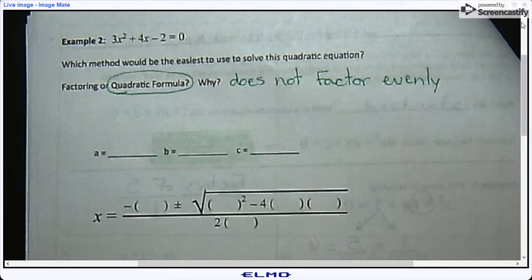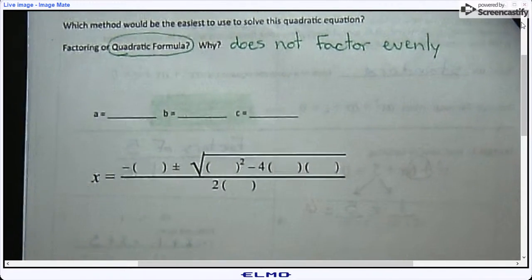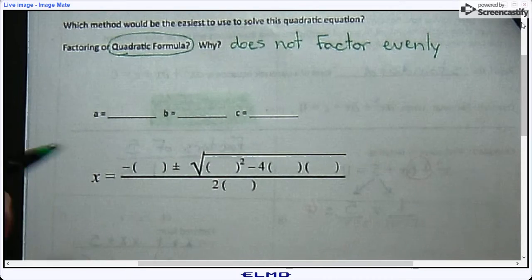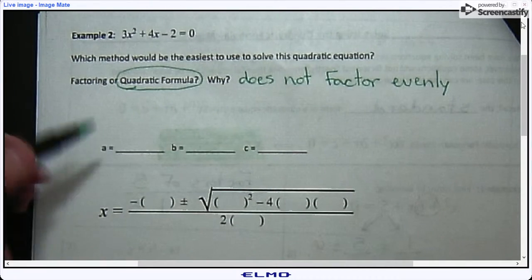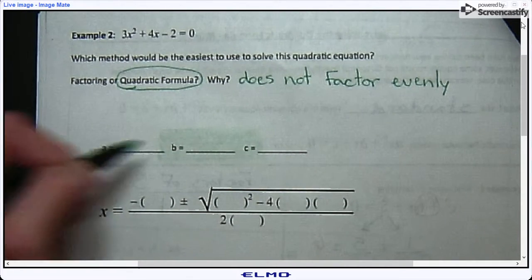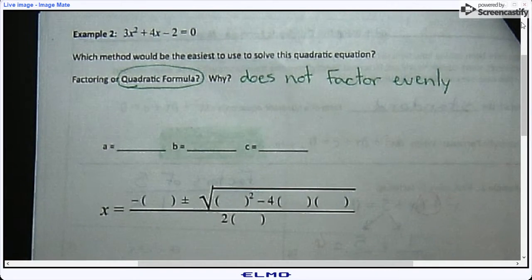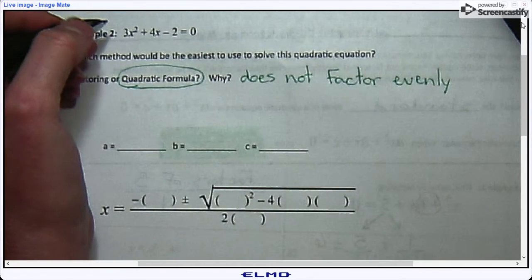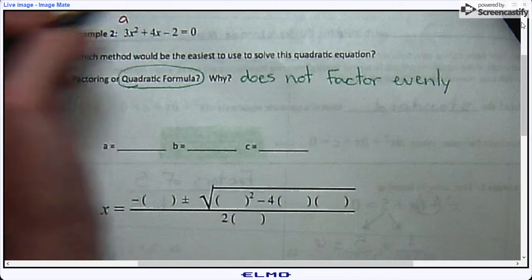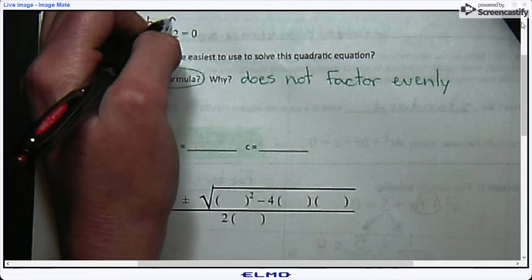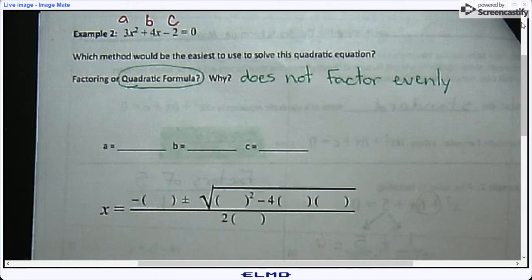So let's use the quadratic formula. First, look at your problem and ask yourself, which is a, b, and c? It's always in alphabetical order: a, b, c. And don't forget your signs.